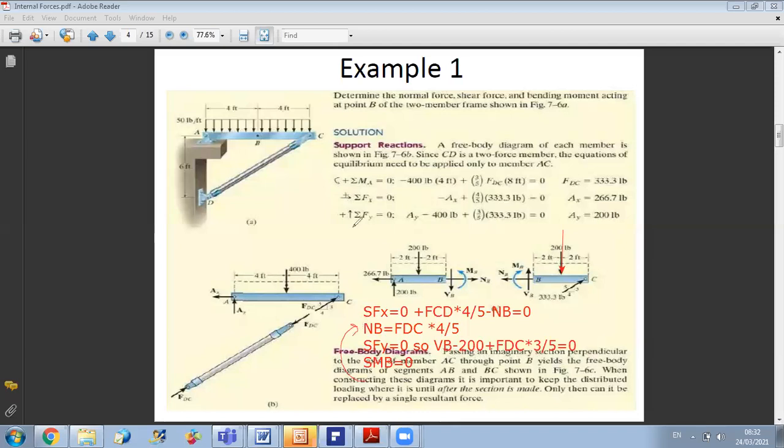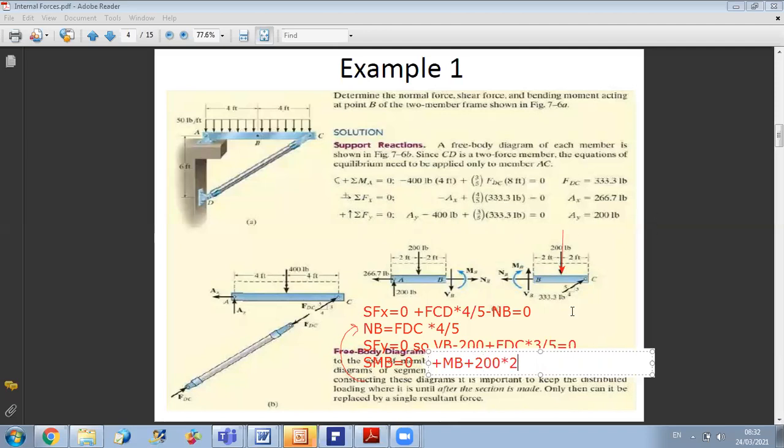Okay. If I select the clockwise as positive, what do I have? I have plus MB. For the 200 force, it's doing a clockwise moment, so it's plus 200 times 2.